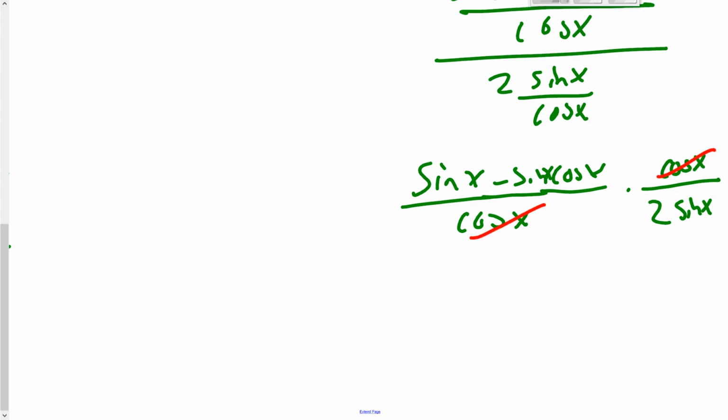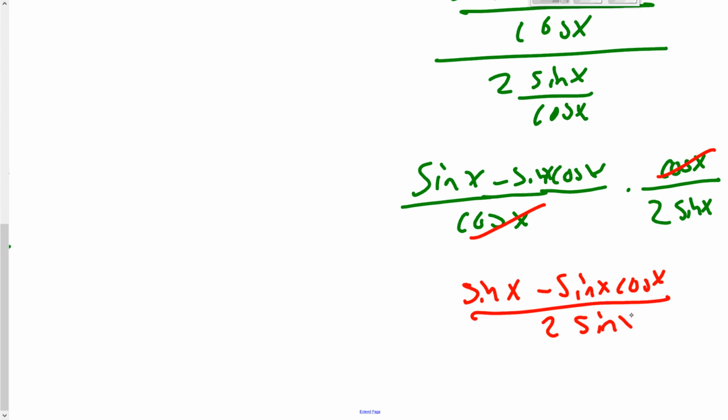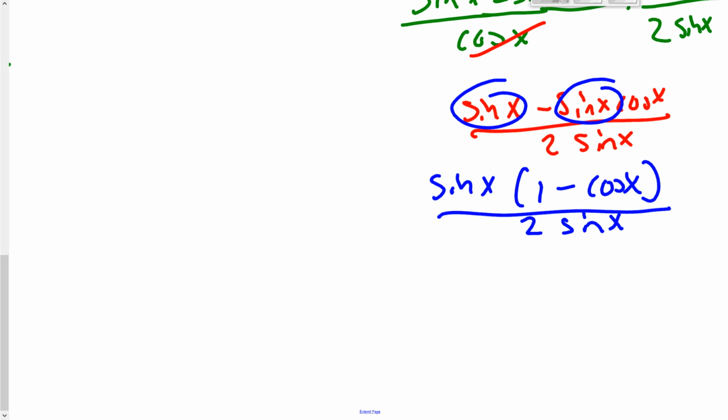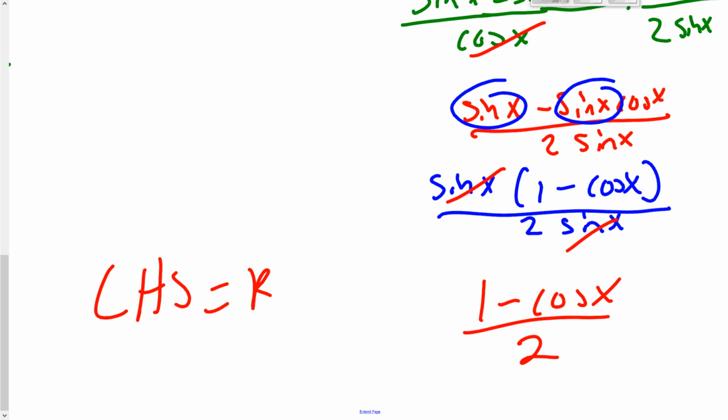Then I have sine of x minus sine of x cosine of x, all over 2 sine of x. Now you can cancel the sines of x because the numerator is a binomial with a sine of x in each term. So you can factor out a sine of x and get 1 minus cosine of x. Hey, that's what I need, right? And on bottom I have 2 sine of x. So the sine of x will cancel out, and I get 1 minus cosine of x over 2, and that's what I need. The left hand side equals the right hand side.